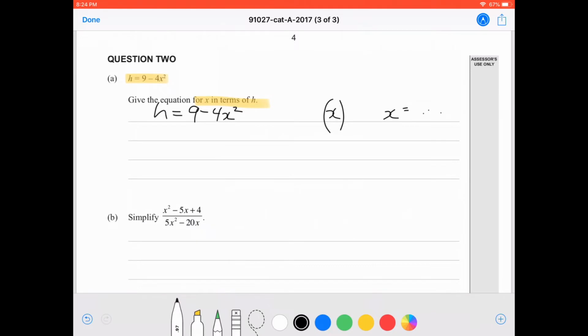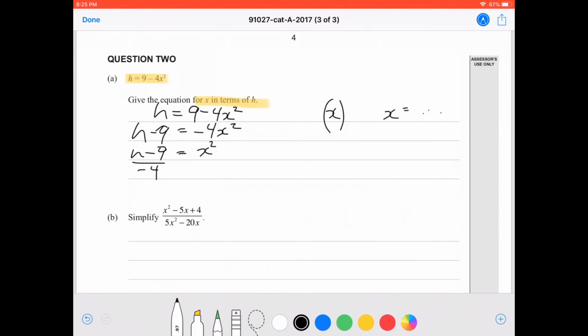So the first thing we can do is take our 9 to the left hand side, so we can say h minus 9 equals minus 4x squared, remembering we're doing the opposite of BEDMAS. Now we divide by negative 4 on both sides, so h minus 9 over negative 4 equals x squared.